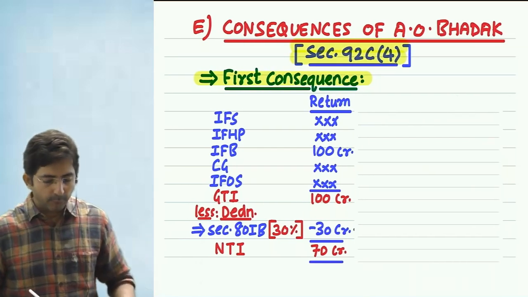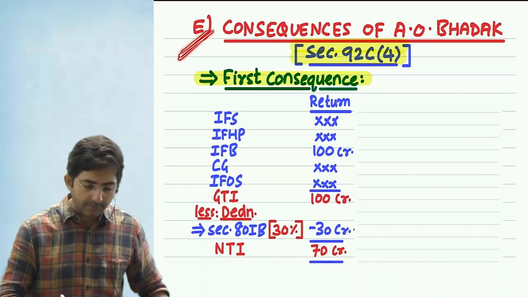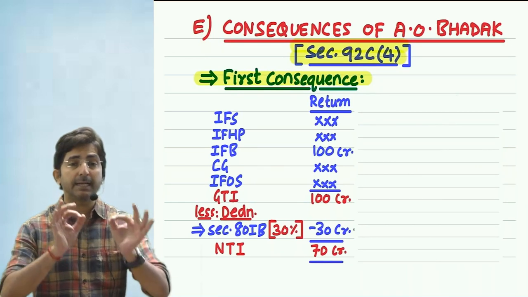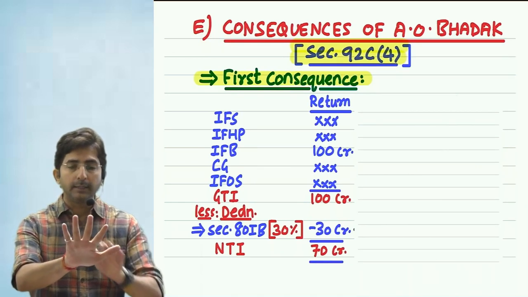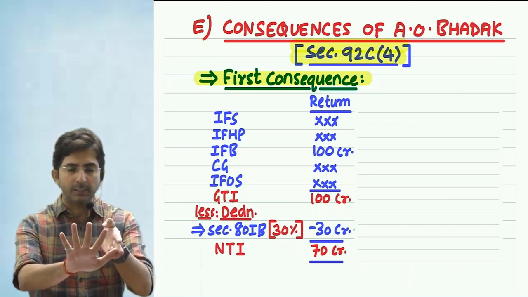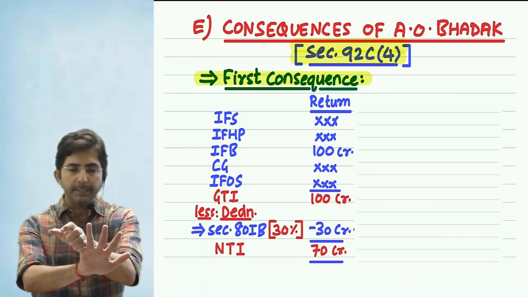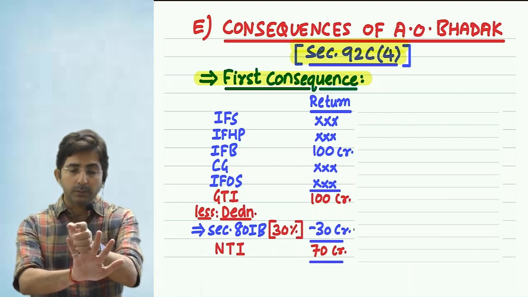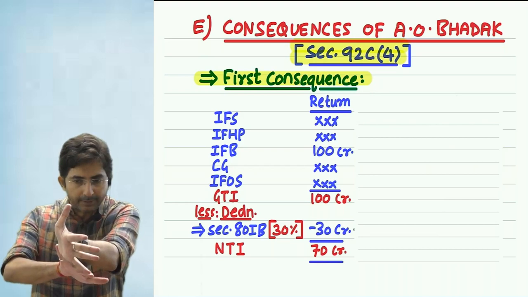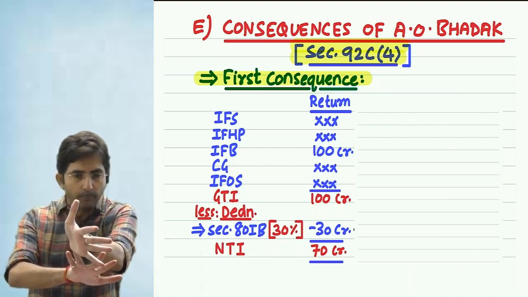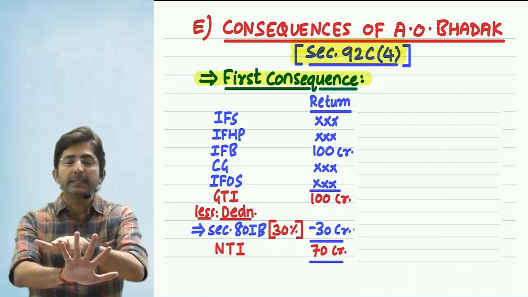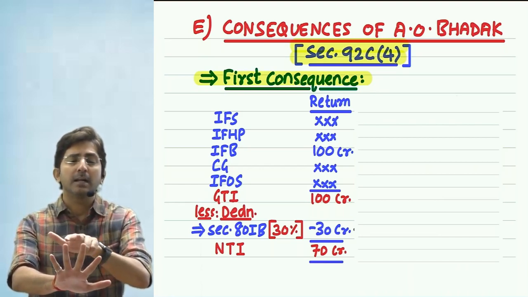Now first tell me, did you understand why I have written here E? We are doing section 92C. Broadly it is in five parts: A, B, C, D, E. Can you explain what they were? A was meaning. B was computation, and within computation there were five points I have created: why to compute, when to compute, who will compute, all that. Then meaning, computation, average.